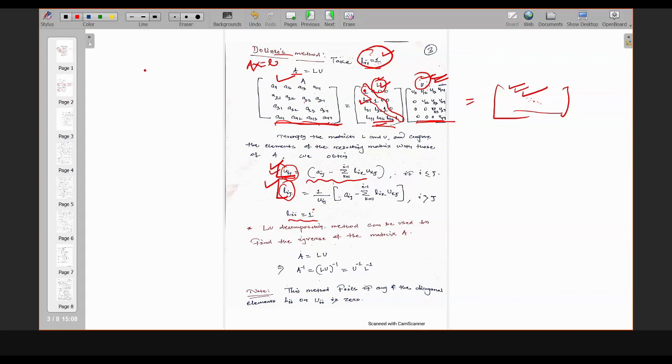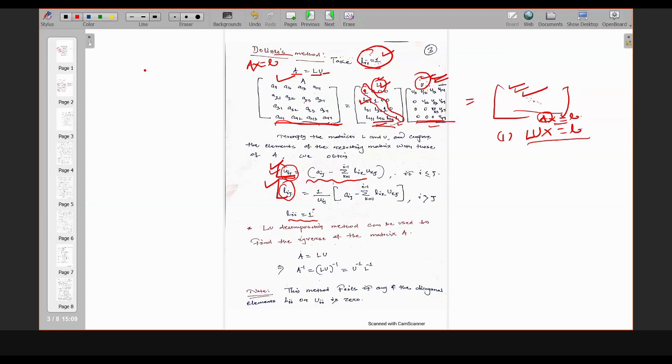Once you obtain the matrices L and U, you can proceed with the algorithm. The first step is to write A as LU, that means LUX equals B. Originally you had the system AX equals B. Then you decompose matrix A into the product of a lower triangular matrix and an upper triangular matrix.